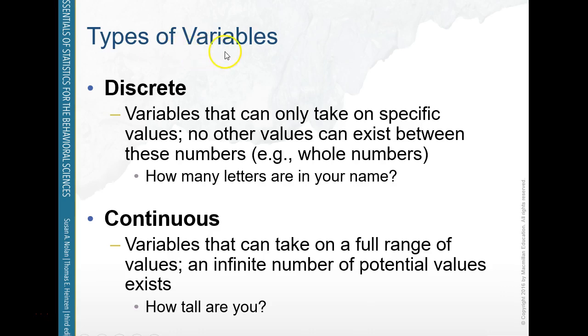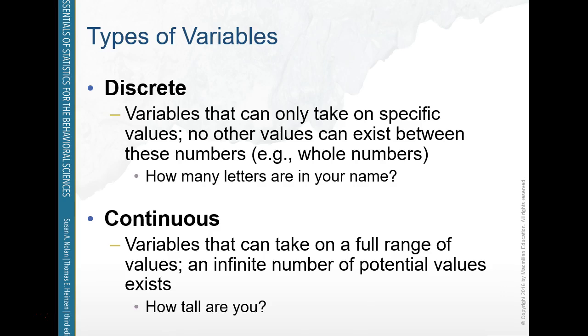There are different types of variables, discrete versus continuous. Discrete variables are variables that can only take on specific values, and there's no values in between those numbers. They're whole numbers. For example, how many letters are in your name? Well, you either have 3 letters or 4 letters. You could never have 3.5 letters. That's a discrete variable.